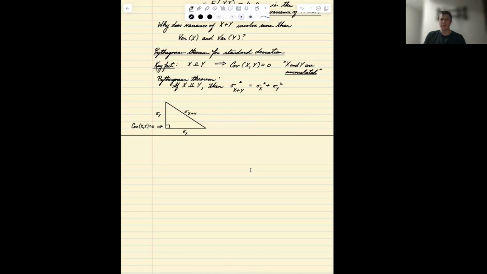This is how we think of it: two random variables are independent if they're in some sense pointing in different directions, pointing in orthogonal directions. Information about one does not tell us information about the other, right?